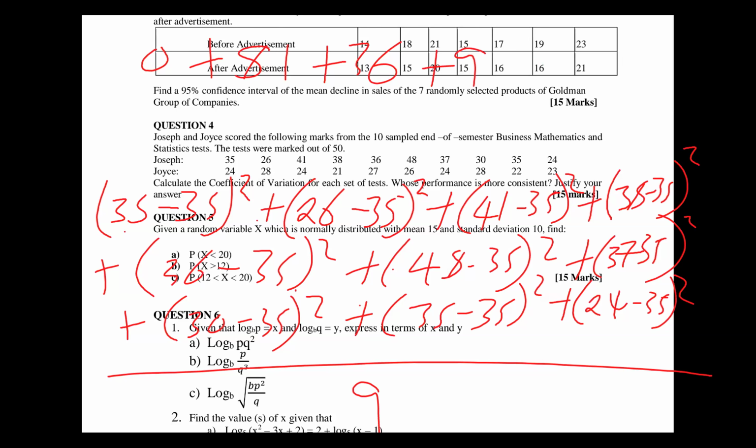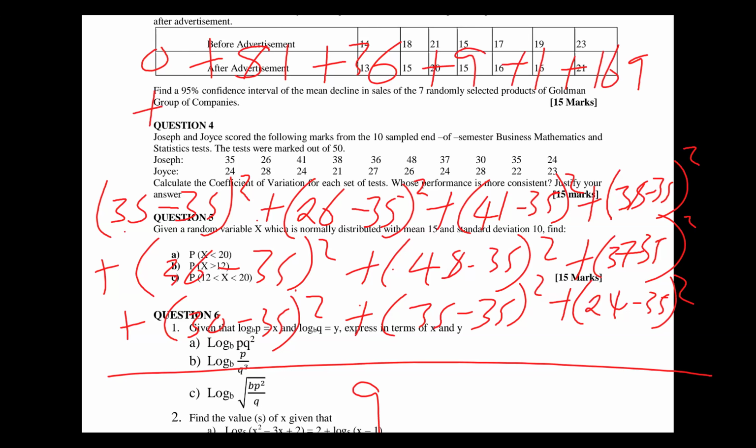I'm not even using a calculator. Plus 36 minus 35 is 1. 1 squared is 1. Right? 48 minus 35 is 13, yeah? 13 squared is 169. Yes.